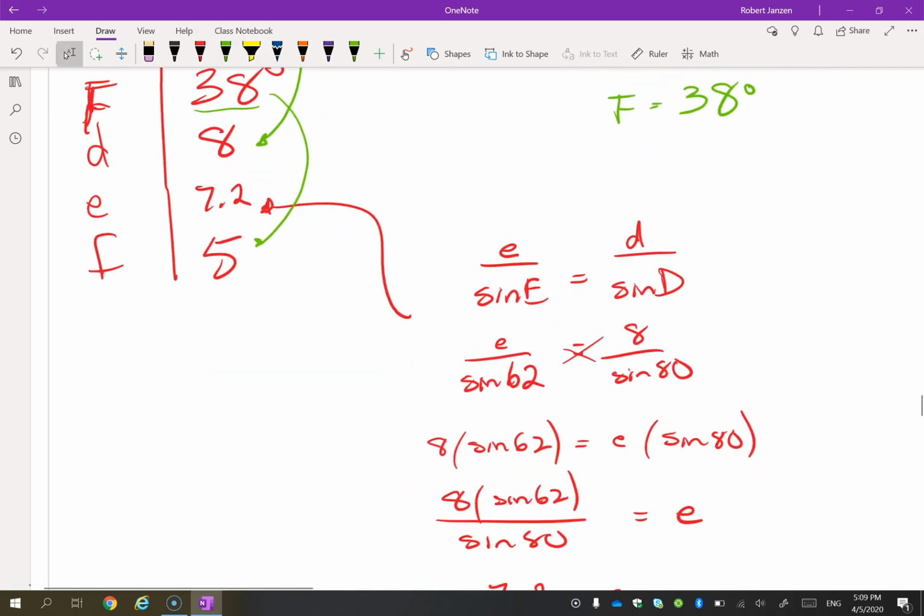So that should make sense. If you have two angles here, one is small, one is big, what can you tell me about the sides opposite from those two angles? Small, big. So the bigger the angle, the bigger the side across from it.